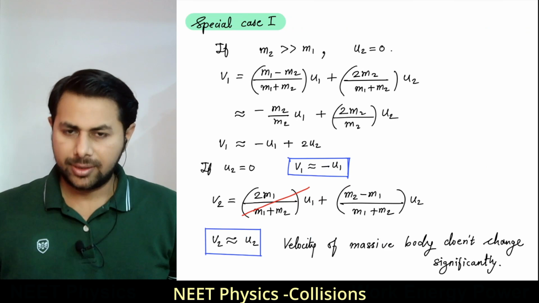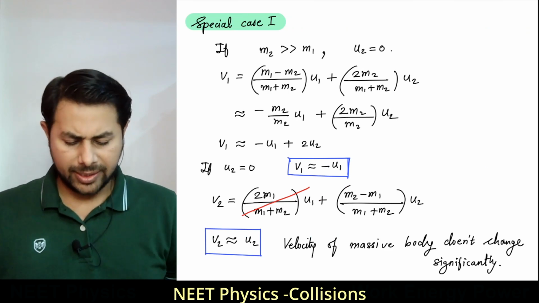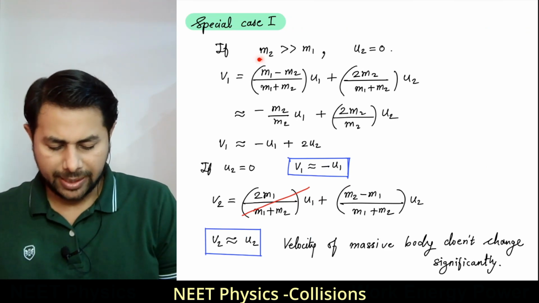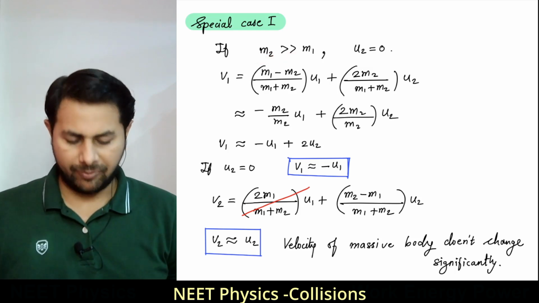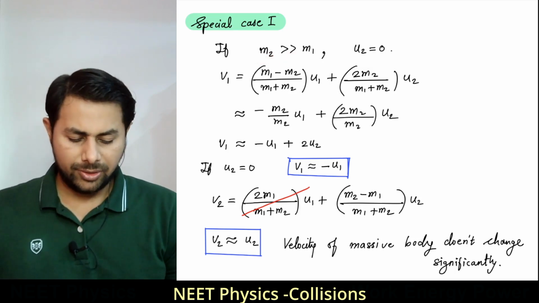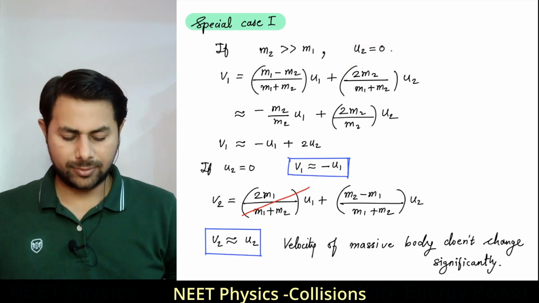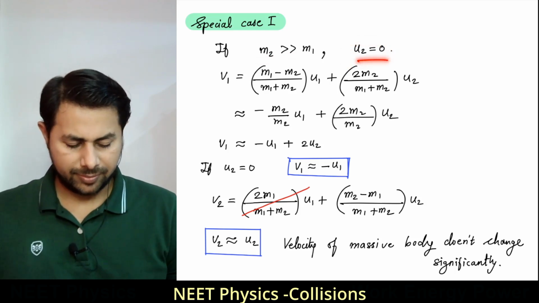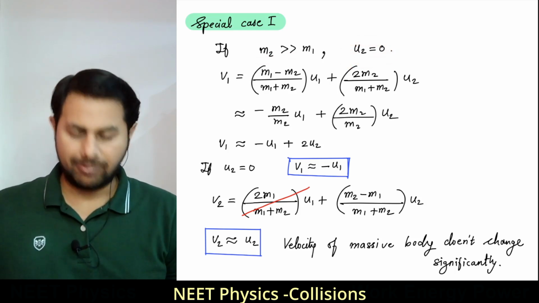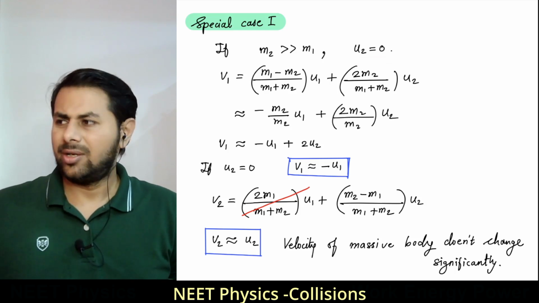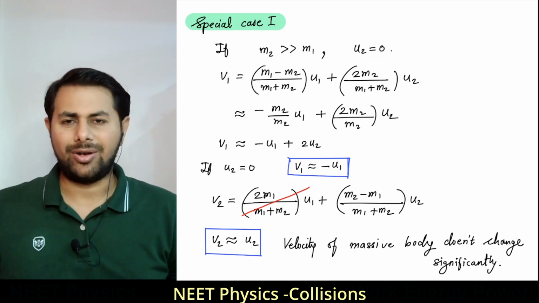So then there are few special cases, like suppose m2 is far greater than m1 and u2 is equal to 0. An example of this is a wall.